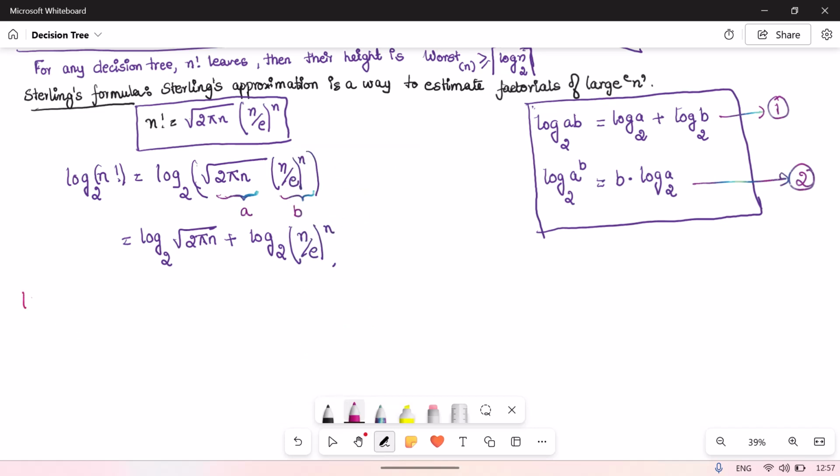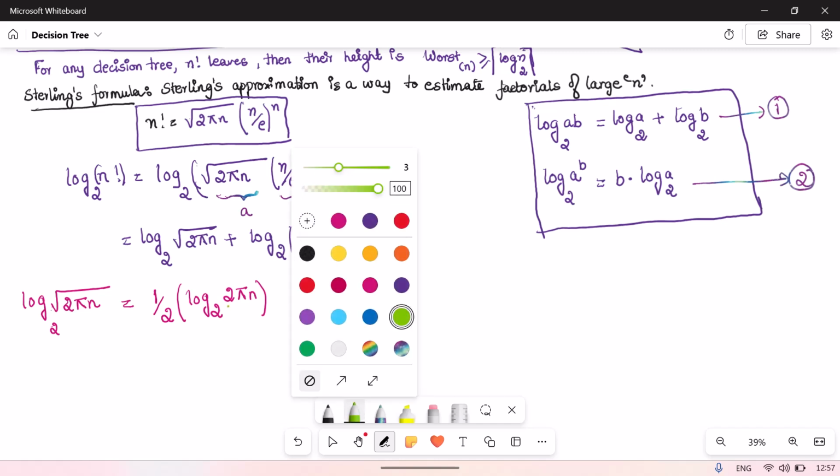See, I'll calculate only the left part. Log of square root 2 pi n to the base 2. Okay. So because there is a square root, I'll take that out. So it will be half into log 2 pi n. Correct? Again here there are two terms. See, 2 pi is one and n is one.